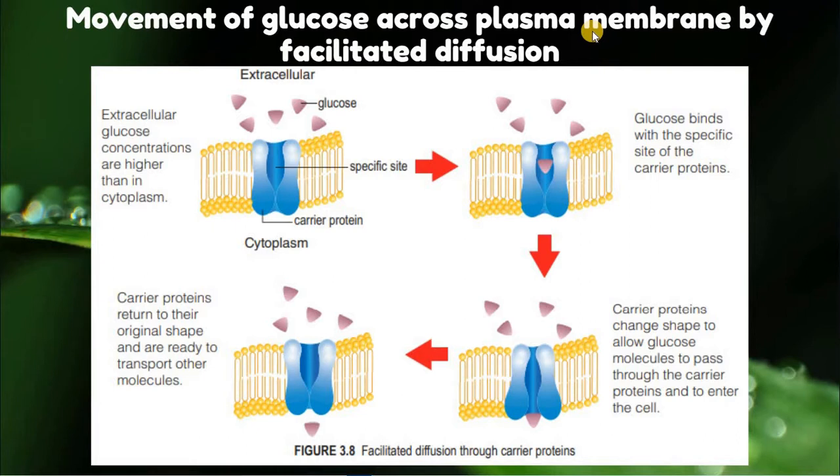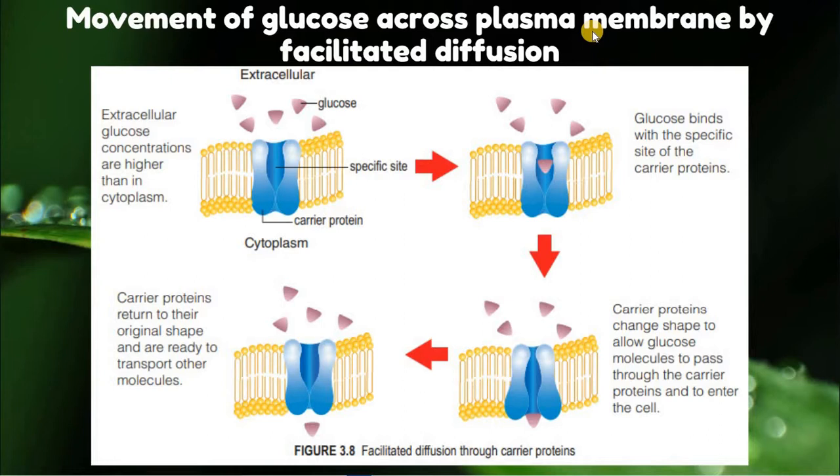It is the movement of substances across a plasma membrane, from higher concentration area to lower concentration area, with the help of channel protein or carrier protein. Examples of substances that move across by facilitated diffusion are glucose and amino acid. Make sure you can remember the examples.